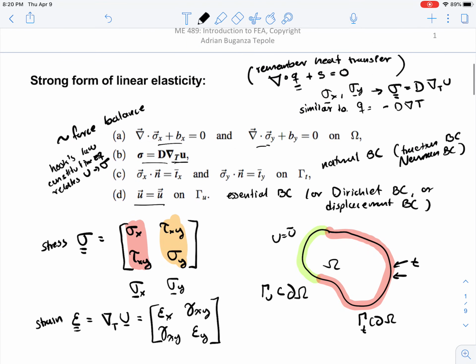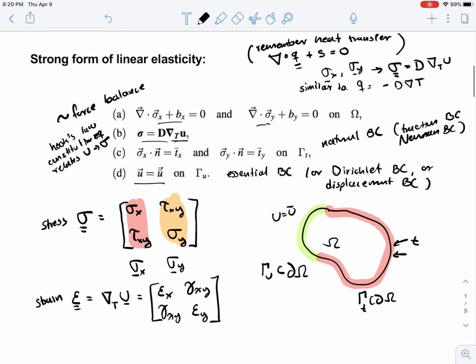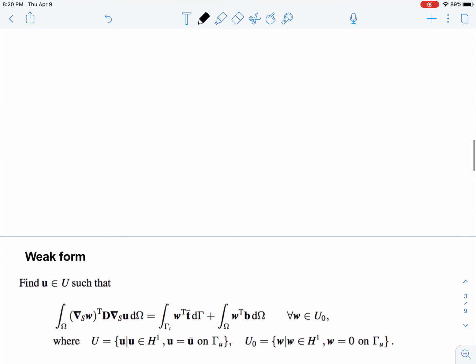And then you would have to solve this with the finite element method, as we have done for every part of this class, what we did for 1D, then what we did for the heat transfer problem. We have the strong form, we have to turn it into the weak form.